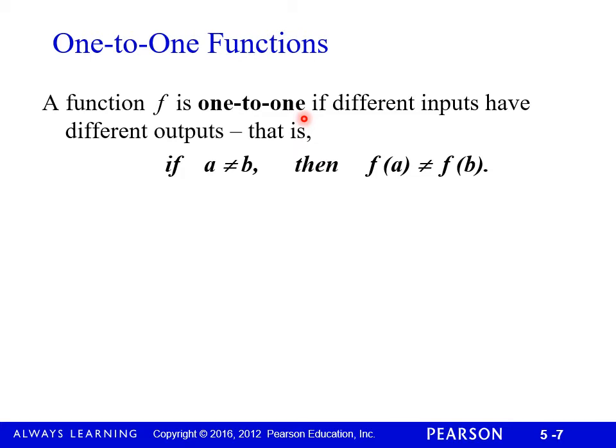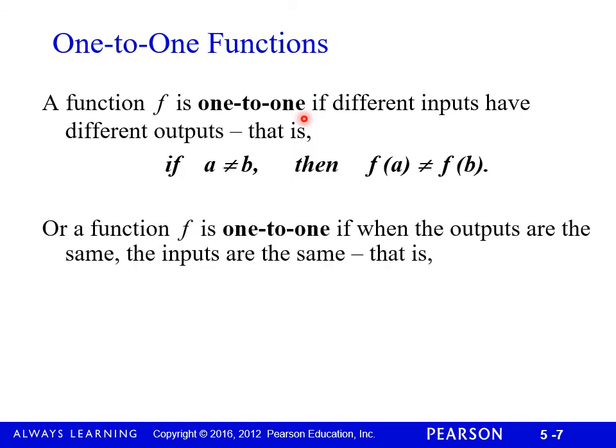One-to-one has a unique output for every input. We could also say this: a function is one-to-one if when the outputs are the same, then the inputs have to be the same as well. So if we have a function with two y values that are the same, then the x values have to be the same if it is one-to-one.